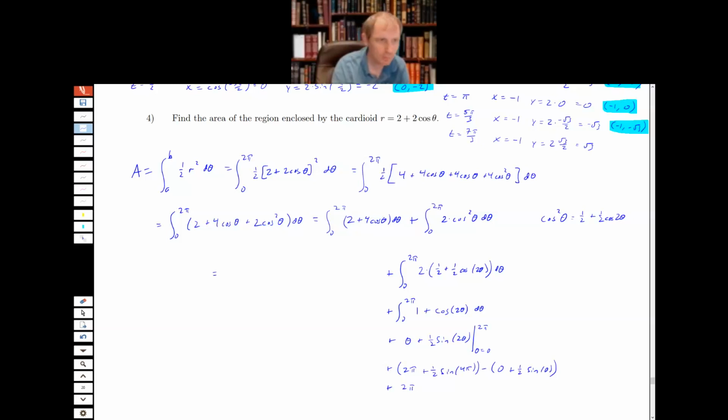Okay, now let's look at the easy side. Okay, so I have the integral from 0 to 2 pi of 2 plus 4 cosine theta. I can just integrate that as it is, so I'm going to get 2 theta plus 4 sine theta.